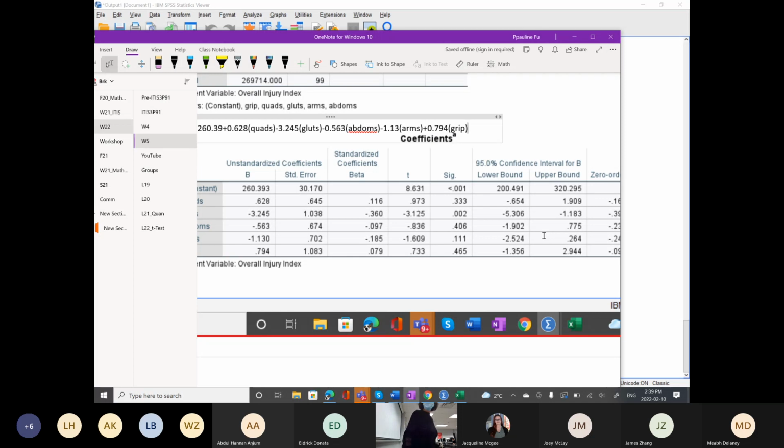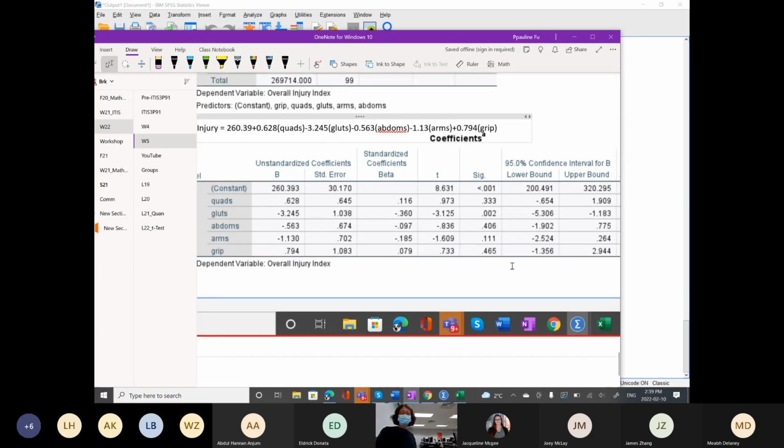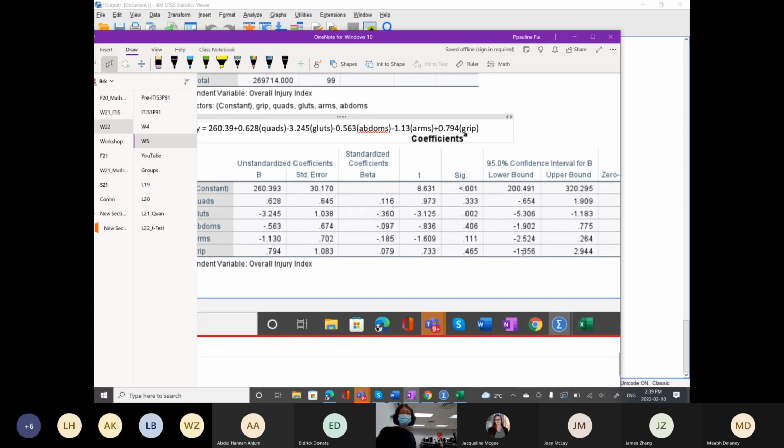For example, the last one, the confidence interval for grip, negative 1.356 to positive 2.944, 0 is between these two numbers. Do you agree? When 0 is between the lower bound and upper bound, that is not significant. That usually means the p-value is very big.